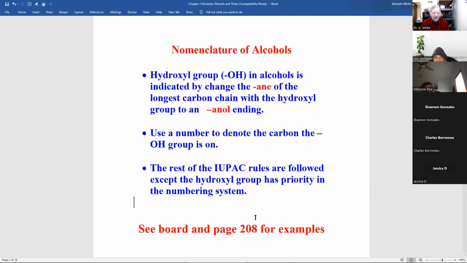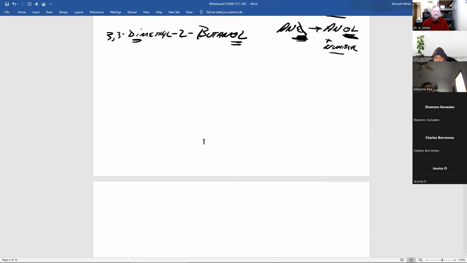All right, I don't have a slide for this, so I'll do it the old-fashioned way. For a ring and an alcohol, name the ring as a cycloalkane.